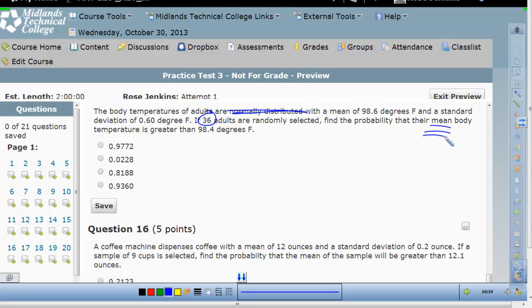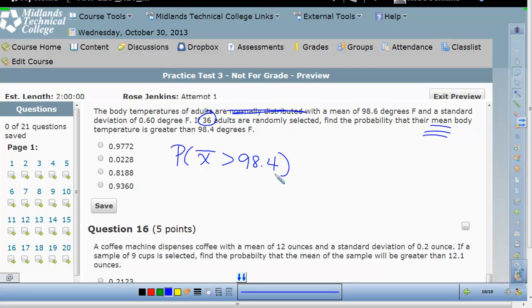The key here is that we want to find the probability for their mean body temperature. We're not looking at an individual person. We're taking 36 people, averaging their temperature, and talking about the probability regarding that mean temperature. So we're interested in the probability that x bar is greater than 98.4. We know this is normally distributed because our sample size is large enough.